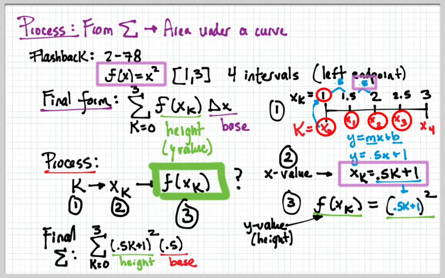Again, my height's my y value. That's what took all this work. Flashback, it's really all about finding y. The base just stays the same. And the base will change based on how many intervals you have, but that's the easy one to figure out. The hardest part of this is area under the curve and really finding your process, finding height, and I'll write that in here.